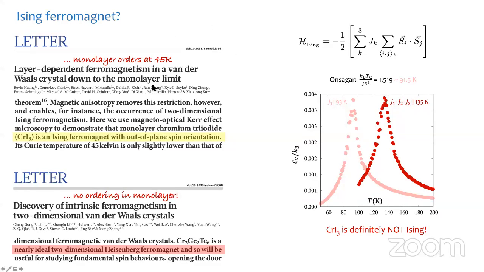So what we did, like many others, was write down this Ising Hamiltonian, taking care of not only the first nearest neighbor, but looking into the complete J1, J2, J3 Ising model.